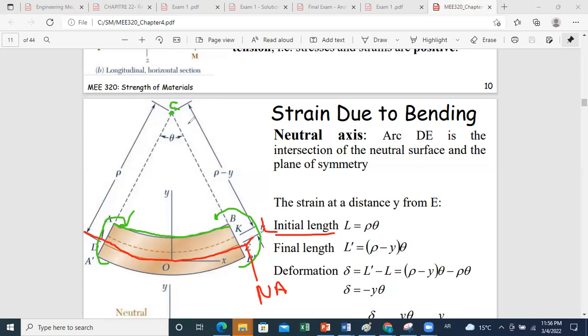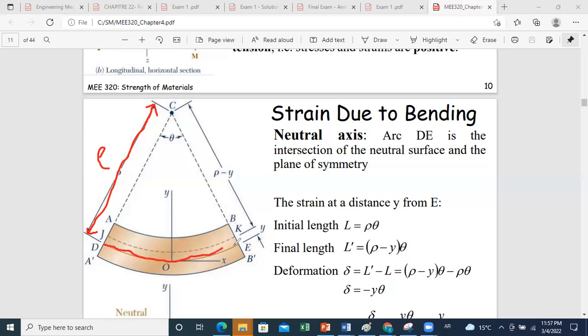Let us consider first the neutral axis. It's at a certain distance of rho from the center of curvature. Because the neutral axis is the only line that will not undergo change in length, this will allow me to compute what was the initial length of all my parts at the initial state.